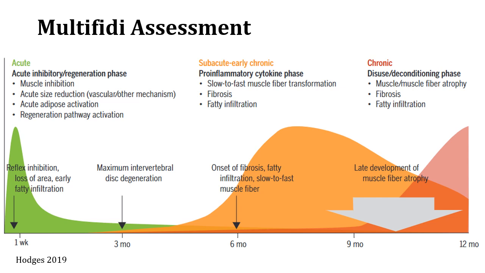The muscle and the muscle fiber type continue to atrophy, and the fibrosis becomes more progressive. And this is where you get into the stage 1 and/or stage 2 of the fatty infiltration, which we'll discuss. And this leads to a late development of muscle fiber atrophy and further cascade, perpetuating a cycle of disability around the lumbar spine.